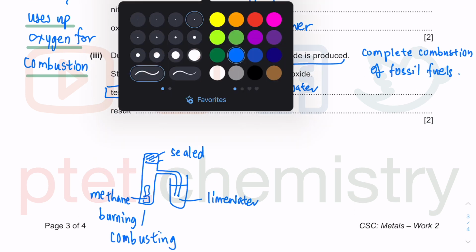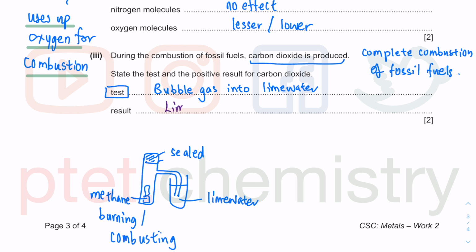What happened to the lime water? The lime water will turn milky or cloudy. That is the positive result for carbon dioxide gas being present, and that will be the 2 marks there.